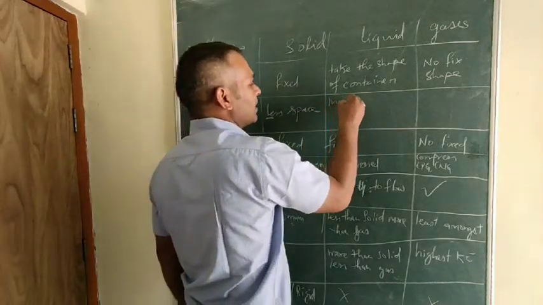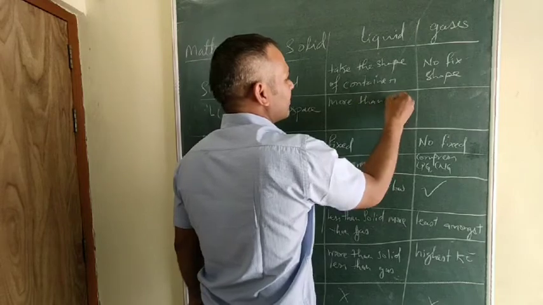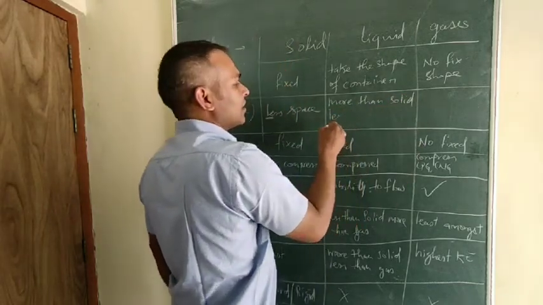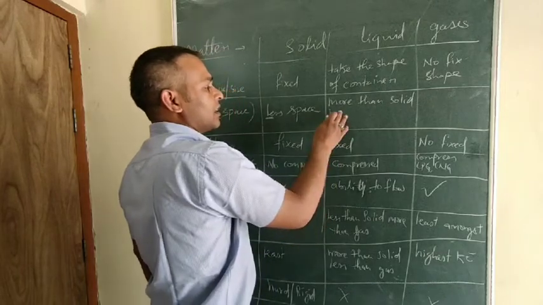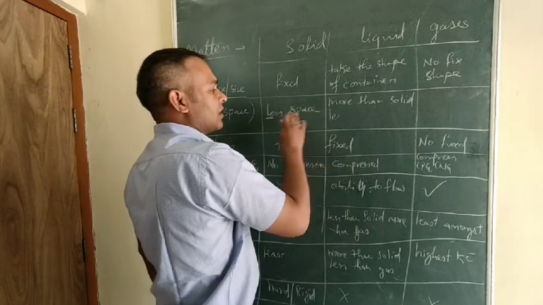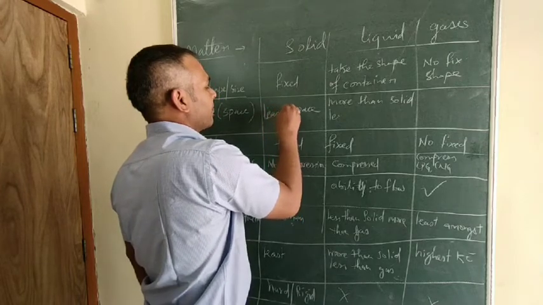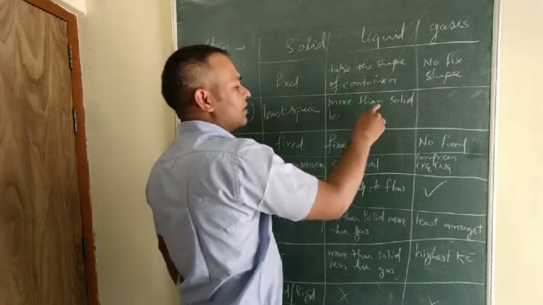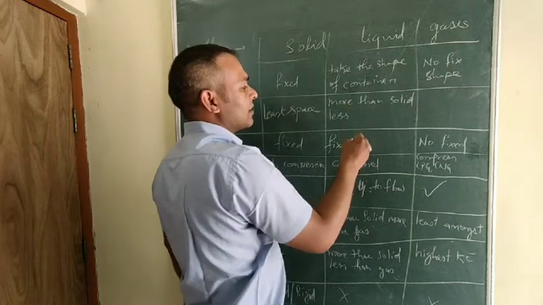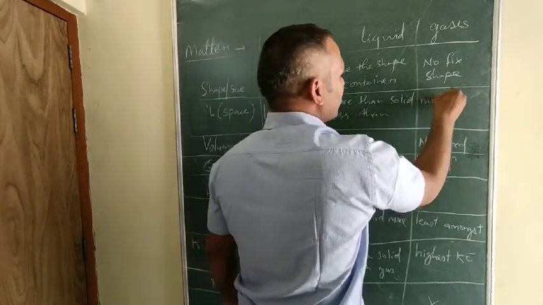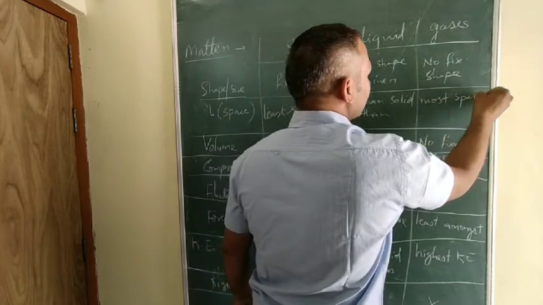The space is more than the solid, but less than gas. Least space you can see here. इसमें सबसे ज़्यादा most space between the particles.